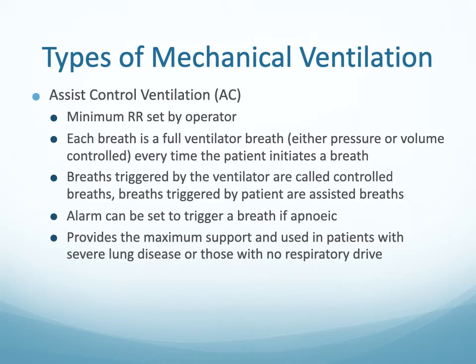You can set a trigger if the patient hasn't taken a breath for a certain amount of time. So if you decide that this patient needs to take a breath within 2 minutes, then you set your trigger alarm for 2 minutes. Now, with this particular setting, you can't set a maximum respiratory rate, but you can set an alarm if the patient is cycling too frequently.